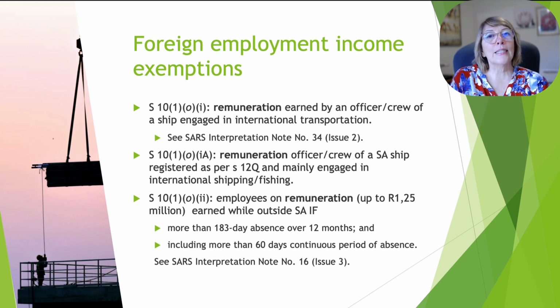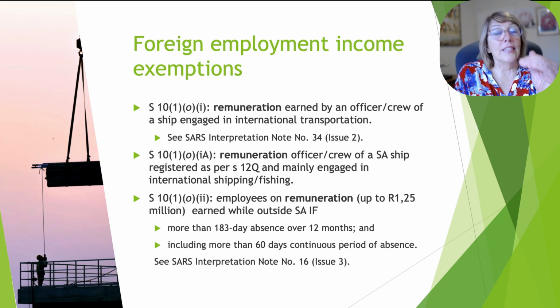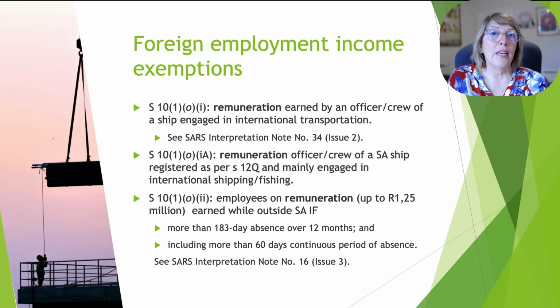It's specifically geared for the situation where you're working in the UK, you've been there for more than 183 days, and now you're getting taxed there, but you're still tax resident in South Africa, so potentially you're getting taxed here as well. So South Africa gives this exemption, but you must exceed the 183-day absence, and there must be a 60-day continuous period of absence, and there's that 1.25 million limit on the exemption.